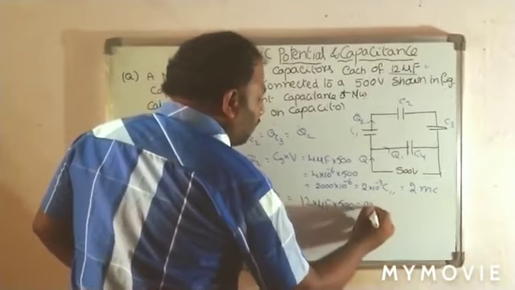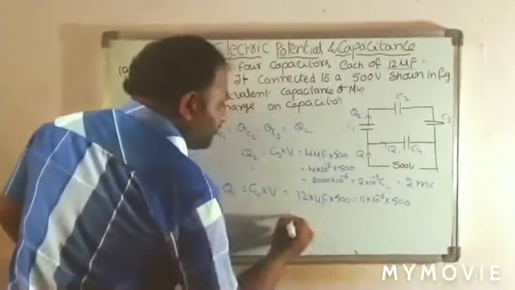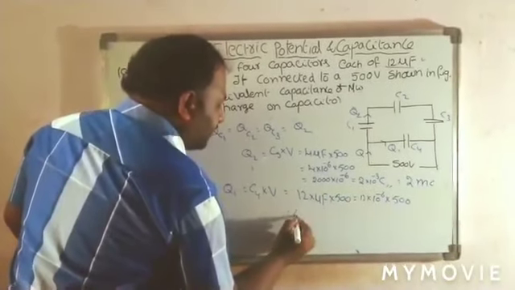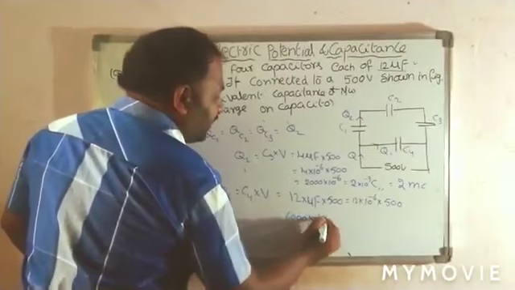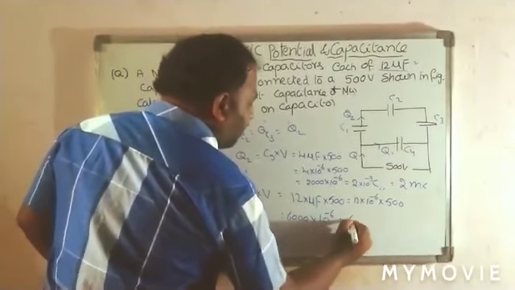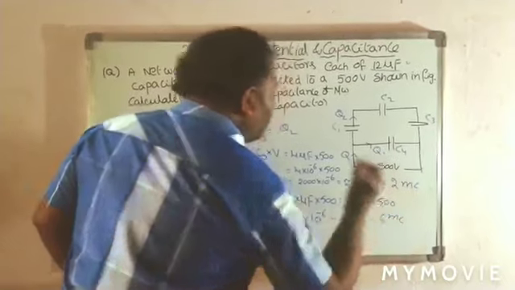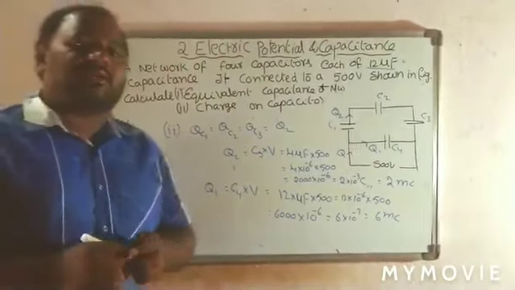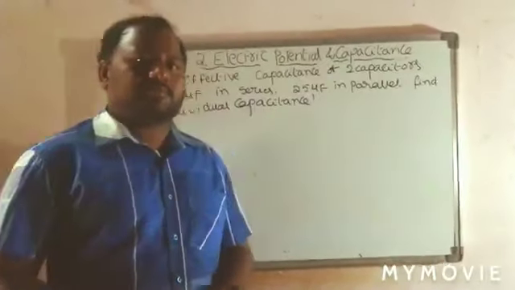That is 12 into 10 power minus 6 into 500. 12 fives are 60, so 6000 into 10 power minus 6. That is 6 into 10 power minus 3, that is 6 millicoulomb. Like that we calculate the charge in each and every capacitor.